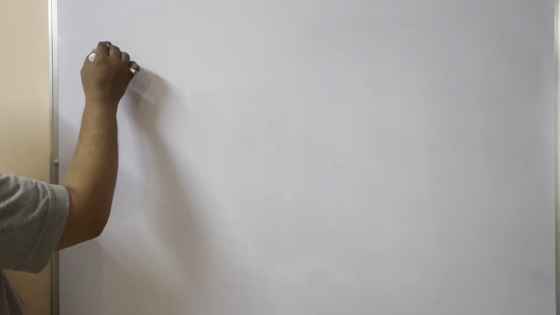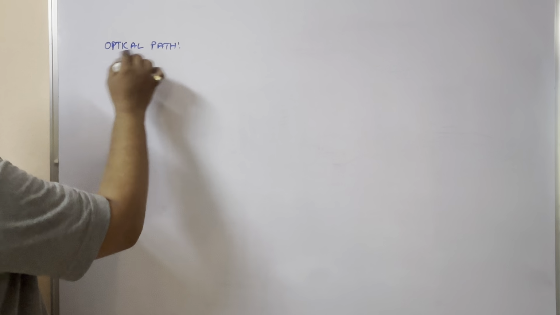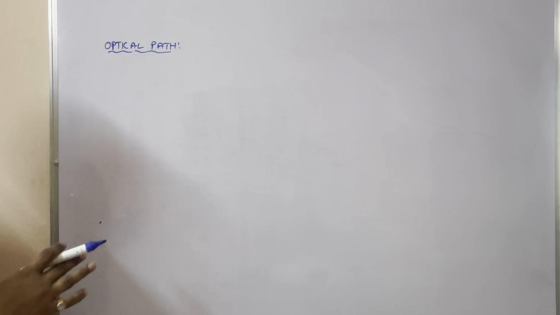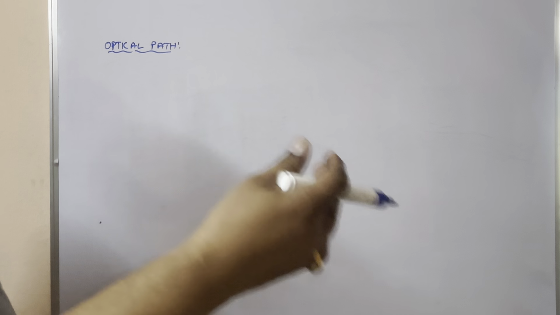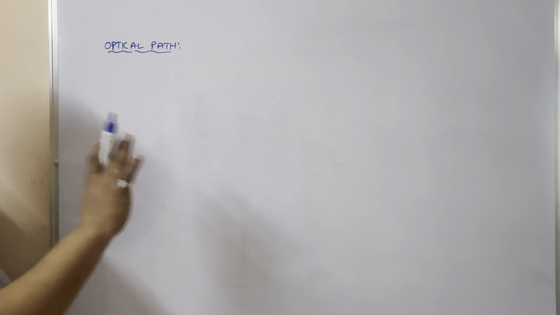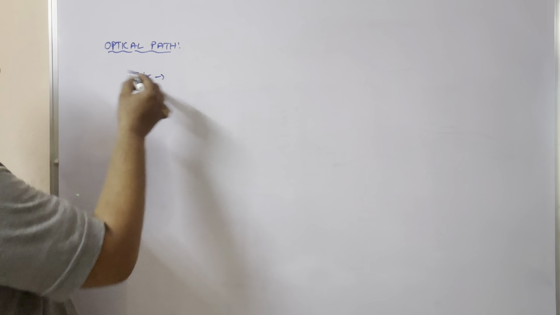So next we will see a small definition, optical path. Whenever we are seeing velocity of light in vacuum and velocity of light in a medium, both are going to be different, isn't it?